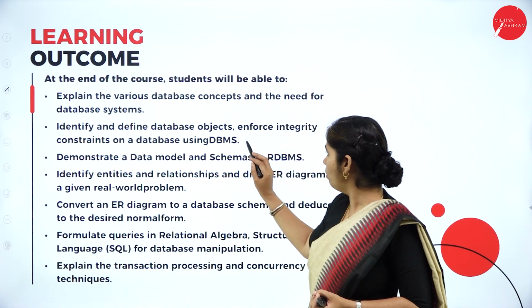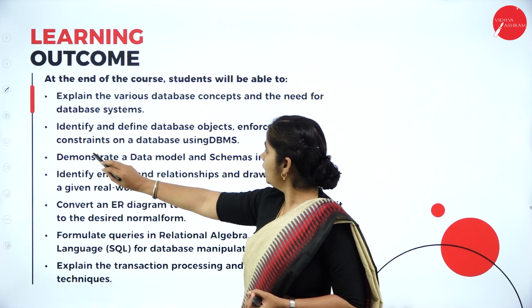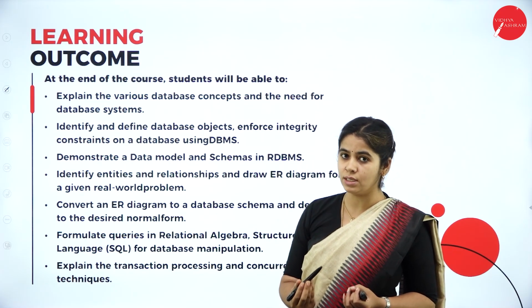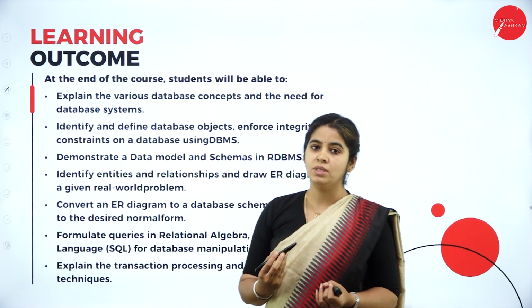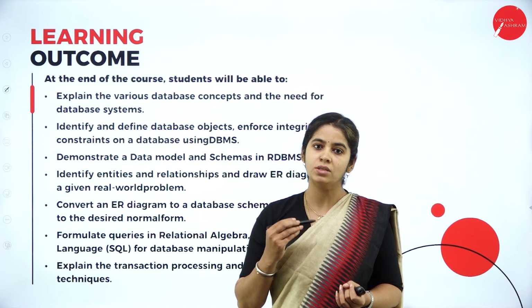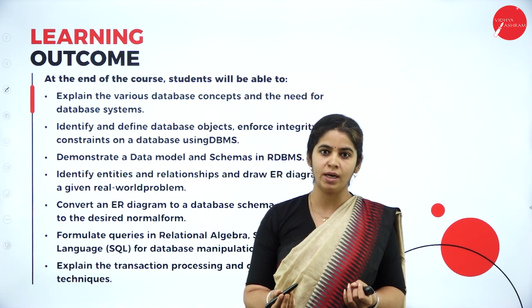define the database objects, enforce integrity constraints on the database using a database management system. Integrity constraints means we cannot simply arrange the data. There are some rules and restrictions on how we have to arrange the data.